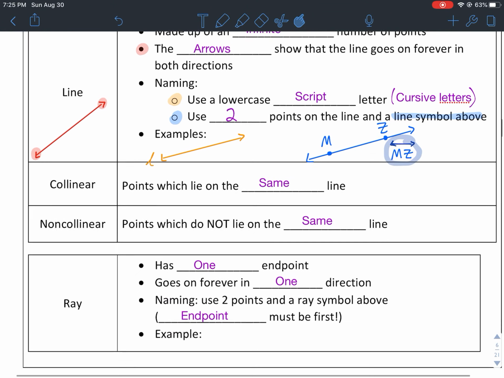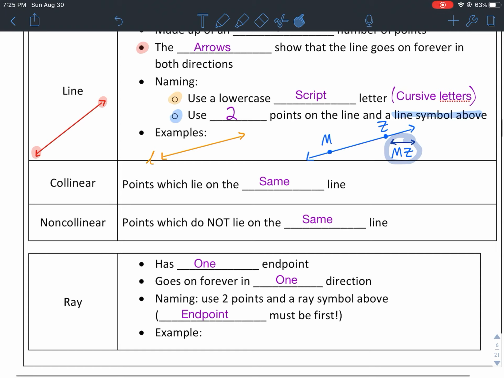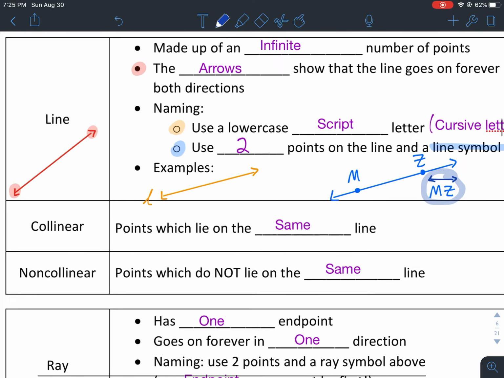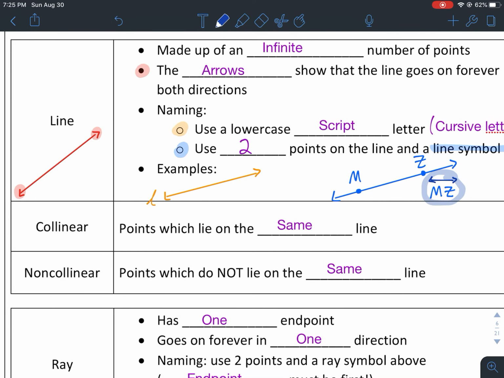So moving on to the next term. You have collinear: points which lie on the same line. So if I use a previous example that we just talked about, M and Z are technically considered collinear points because they lie on the same line.